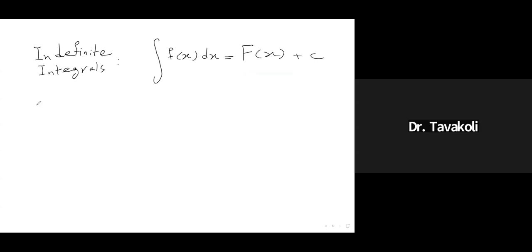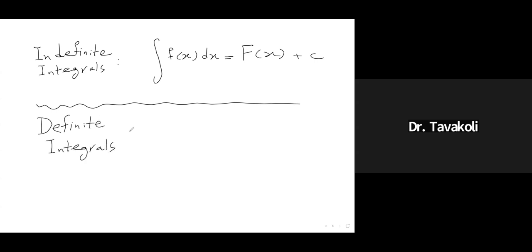Also, as you have seen in Calc 1, we have definite integrals. Suppose the integral is taken over an interval from a to b. So in this situation, we get a number at the end.